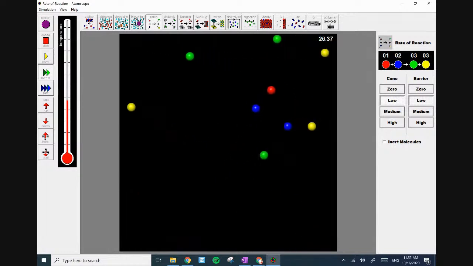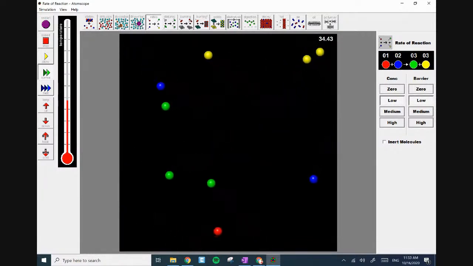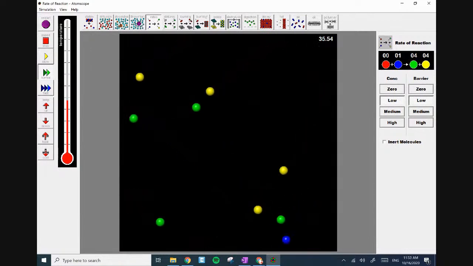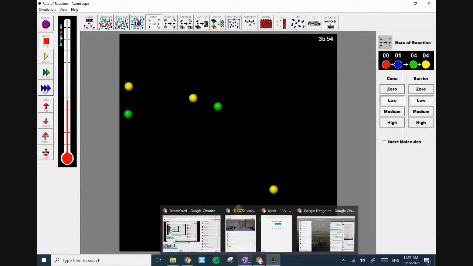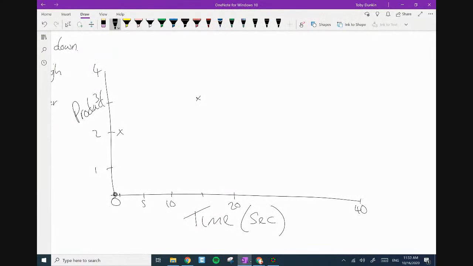That was frustrating, wasn't it, folks? Very frustrating. We need those red and blues to pick up some energy from a collision. There's a fast blue. Come on. Oh, there we go. Stop. 35. Perfect. So the last one to get to my 4 was 35, which is there.